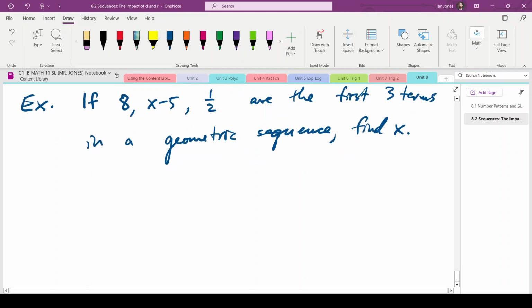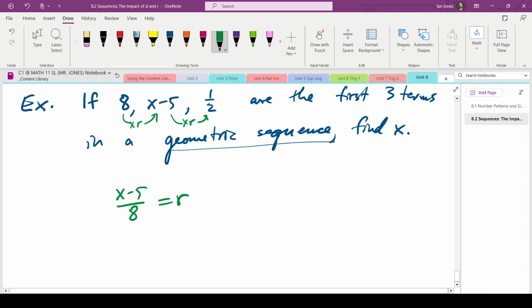So if I want to find x, I'm told that it's a geometric sequence, so that means I know that 8 times r gives me x minus 5, and that x minus 5 times r gives me 1/2. In other words, x minus 5 over 8 gives me r, and 1/2 over x minus 5 gives me r.